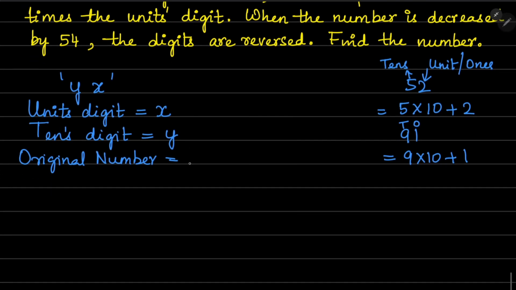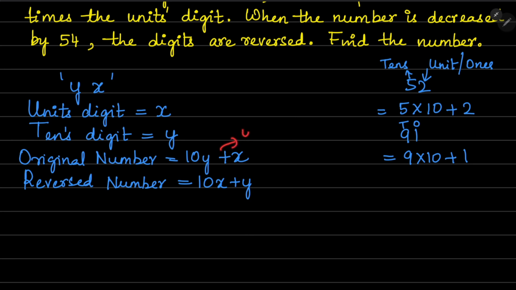So the expansion is nothing but 10y plus x. This is the expanded form of the original number yx. Now if you're reversing the digits, that means if yx becomes xy, so the reversed number will be, just interchange the places, 10x plus y. Just interchange, right?